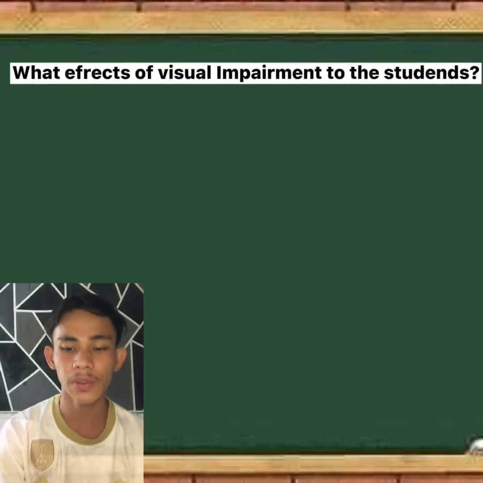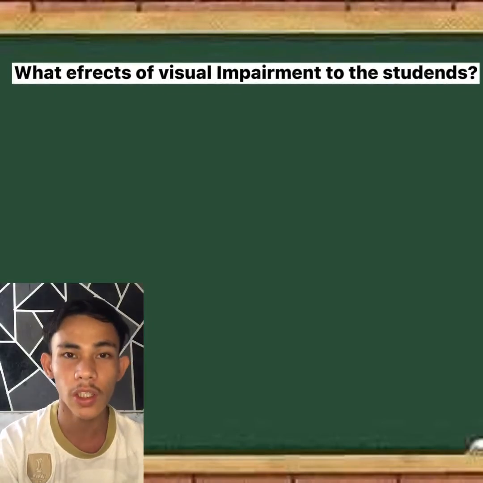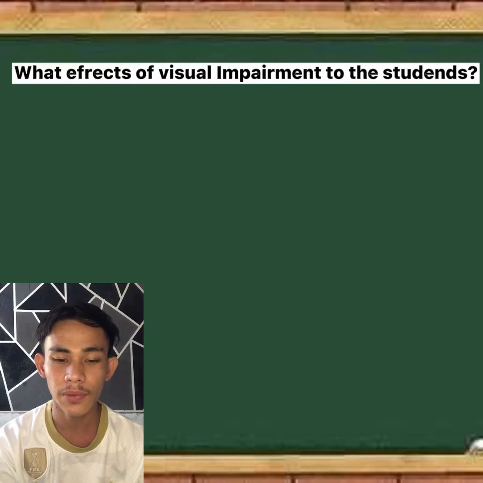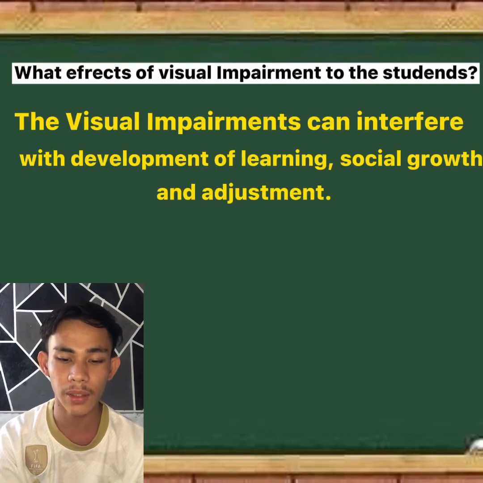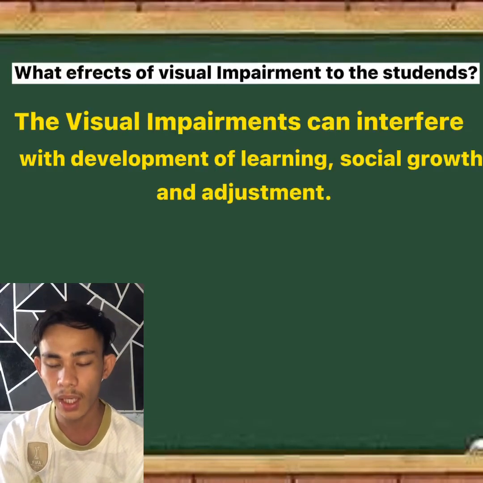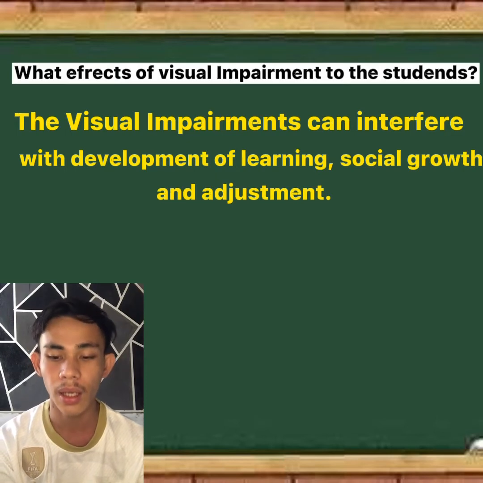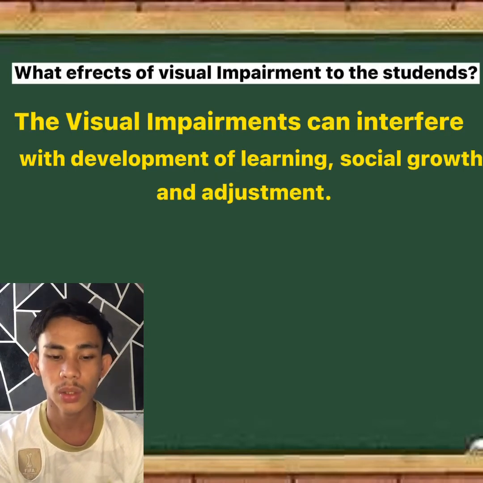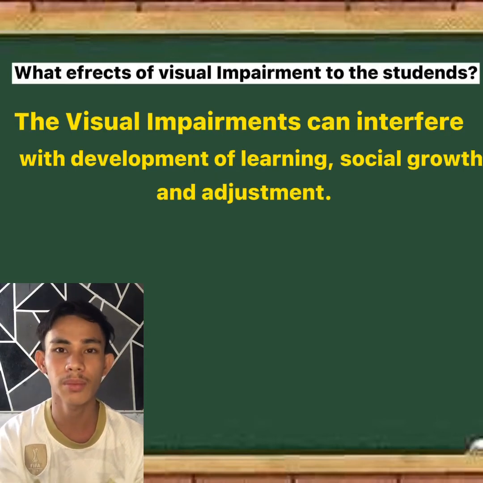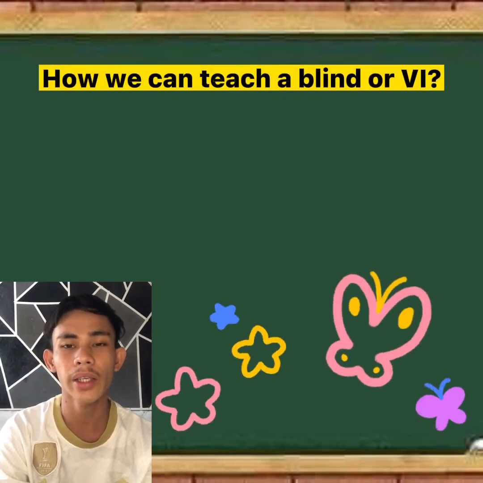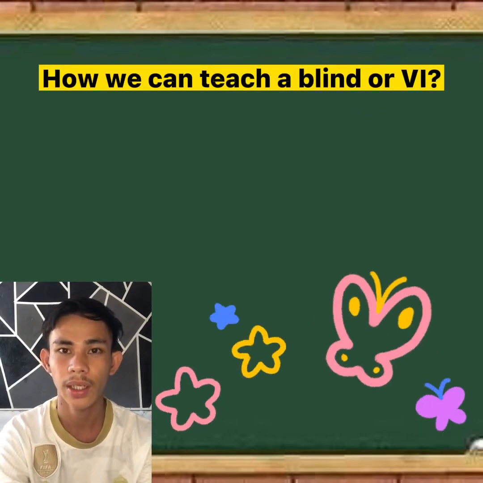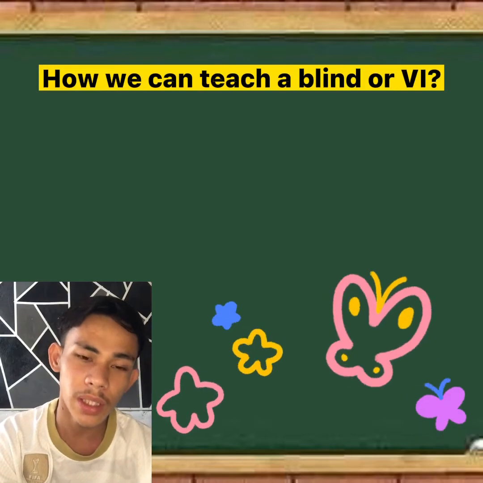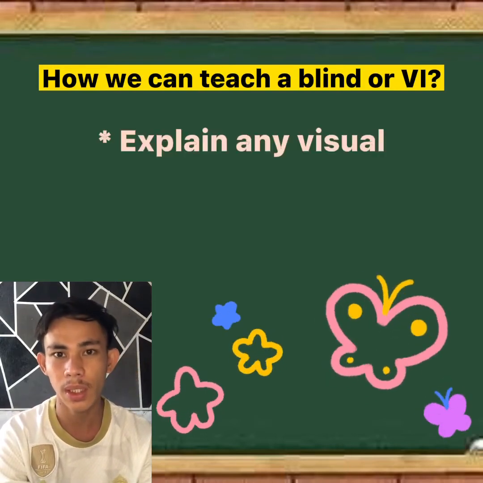So the question is, what are the effects of visual impairment on students or learners? Visual impairment can interfere with the development of learning, social growth, and adjustment. So how can we teach a blind or visually impaired student? The first one is to explain any visual.